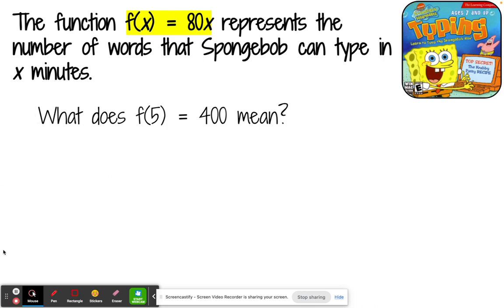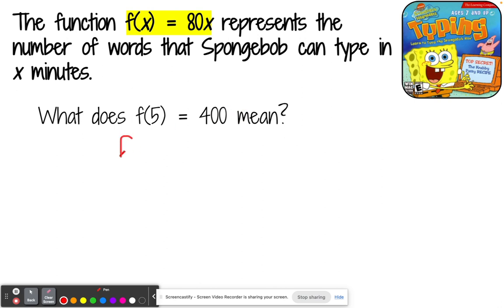Okay, I have this function that represents the number of words that SpongeBob can type in x minutes. So apparently SpongeBob is a pretty fast typist. F of 5 equals 400. What does that mean?